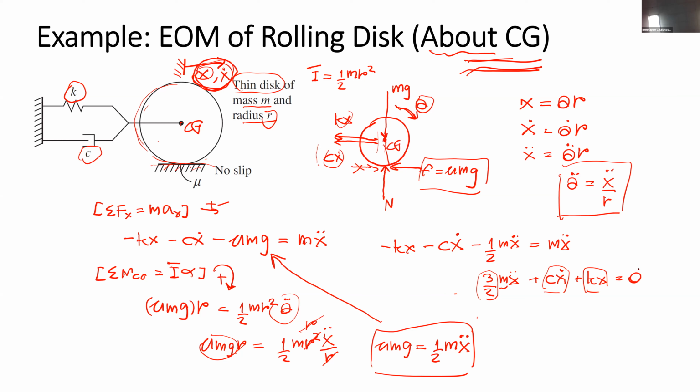And the right hand side is 0 because in this system we don't have any external force. So we have only the dynamics of the system without external force. For this, we derived it through the CG, and we need to find the equilibrium of force and equilibrium of moment.